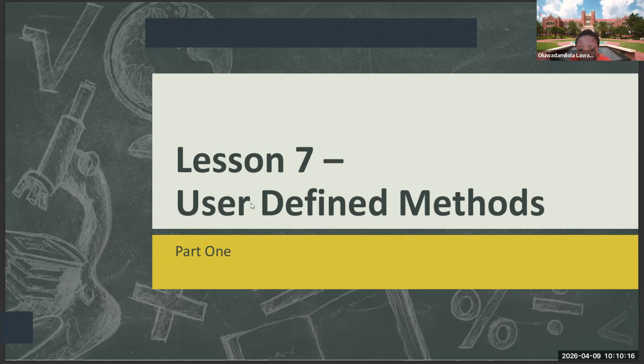Substring is a method within what? Within the String class. So please, if you need to refresh your memory on this concept, go to your lesson 2, lesson 3, lesson 4. From lesson 2, we talked about the Math class, and again in lesson 3 and lesson 4.